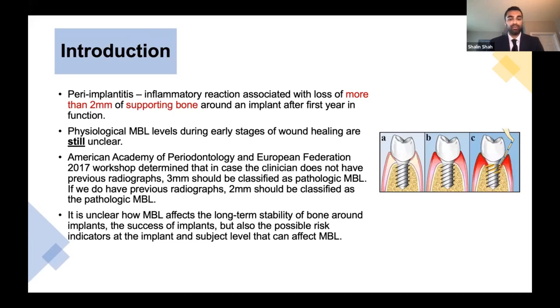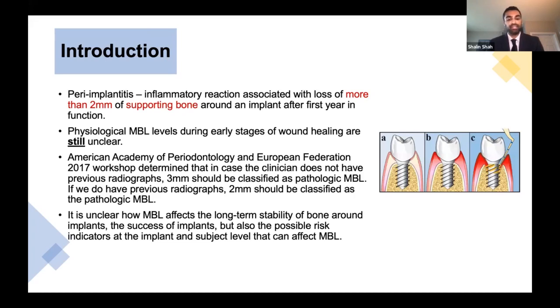Now, although 0.5 to 2 millimeters of MBL is usually reported within the first year of function, there's no consensus on the threshold of bone loss that is considered physiologic or pathologic. So MBL around dental implants plays a key role in the increased risk of developing peri-implant diseases.